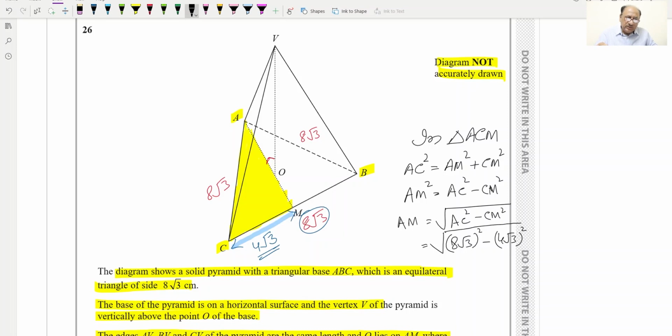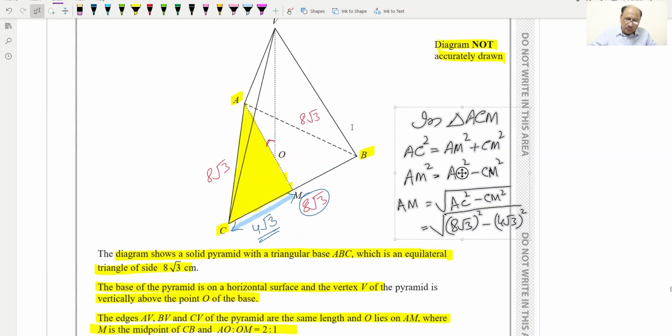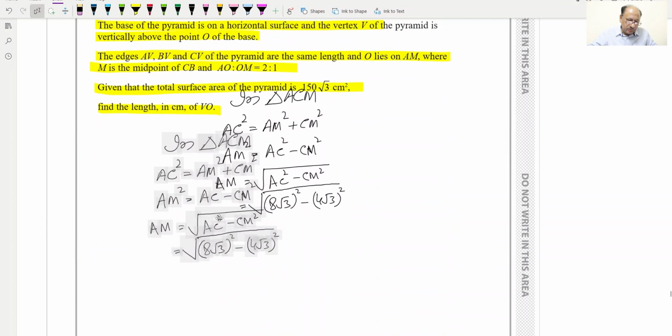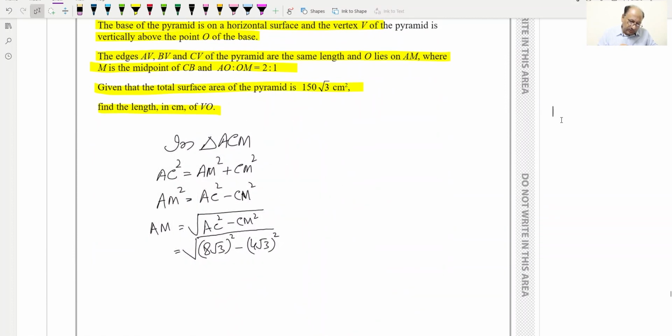So this is basically the AM value, which we can now shift to the proper location. I have solved here so that you can see the triangle also, and at the same time we can solve this. So I'm shifting this working over here. Now we can calculate this.